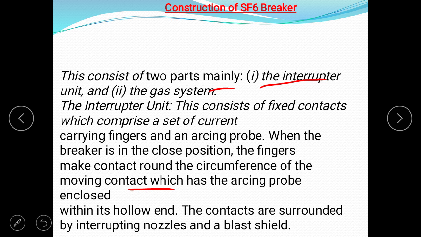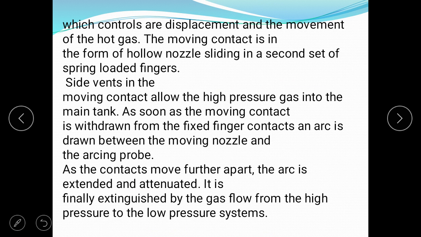These contacts are surrounded by interrupting nozzles and a blast shield, which controls arc displacement and movement of the hot gases. The moving contact is in the form of a hollow nozzle sliding in a second set of spring-loaded fingers. Side vents in the moving contact allow the high pressure gas into the main tank.